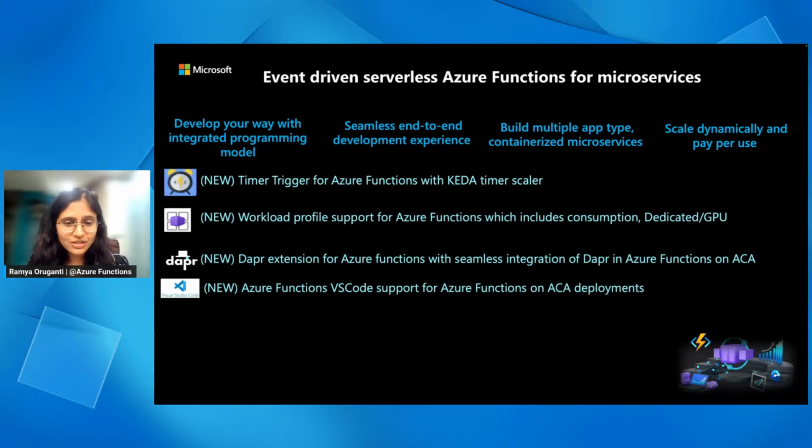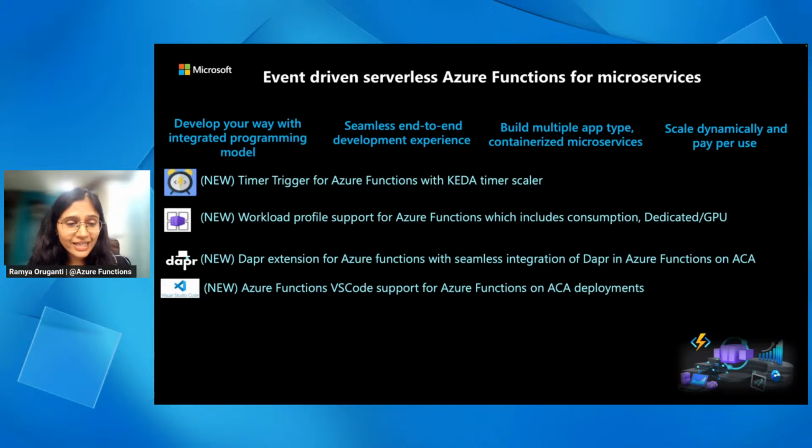called Azure Functions for cloud native microservices, and this is hosted on Azure Container Apps. This is a new hosting option of Azure Functions, which offers a new and flexible way for customers to build cloud native, event-driven function apps.